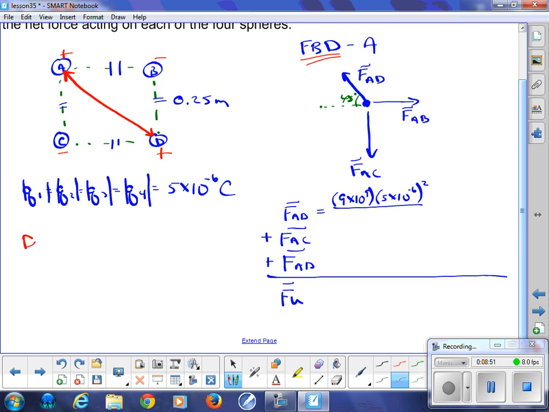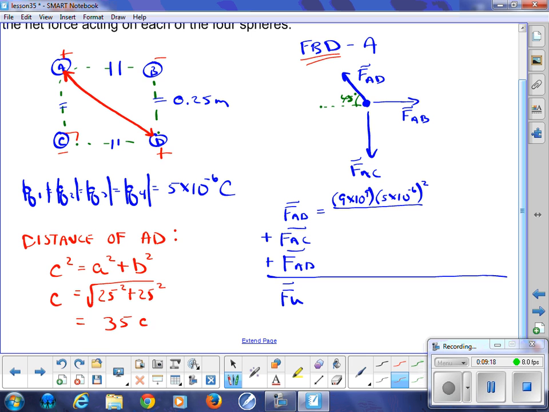So over here, distance of AD. I know it's a right angle triangle that gets formed here. So C squared equals A squared plus B squared. So we end up with C equal to the square root of 25 squared plus 25 squared, which is 35 centimeters or 0.35 meters.